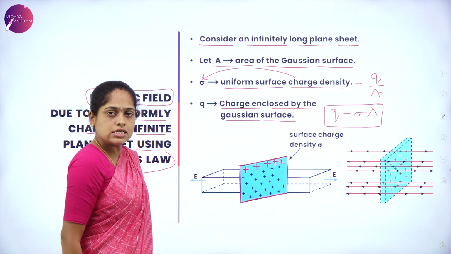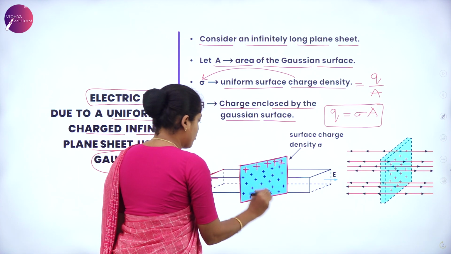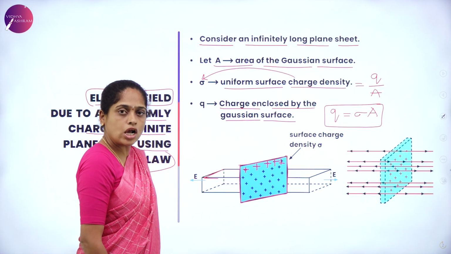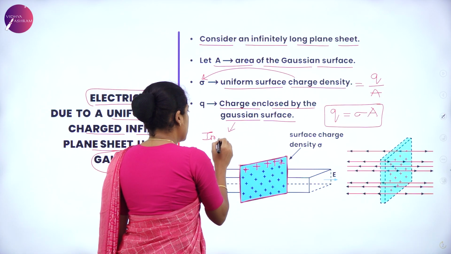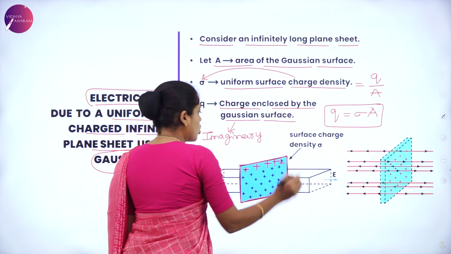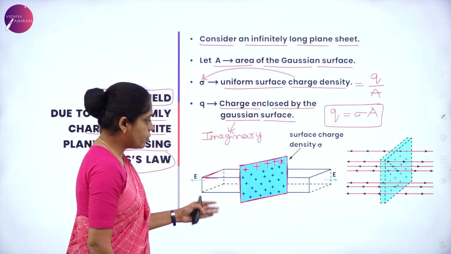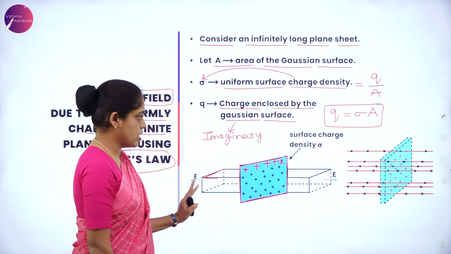What is this Gaussian surface? A Gaussian surface is an imaginary closed surface. Here the suitable Gaussian surface is a cylindrical Gaussian surface.